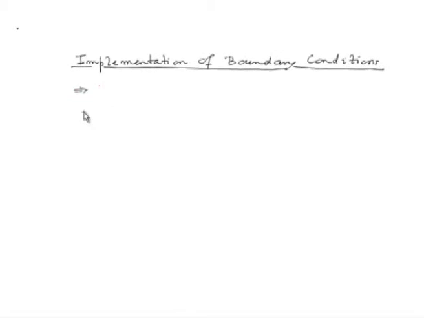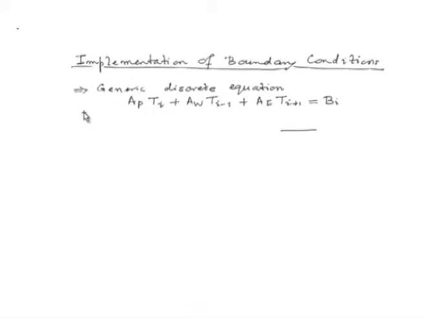We had our generic discrete equation for a node I. This was given as AP Ti plus AW T of I minus 1 plus AE T of I plus 1 is equal to BI for a generic node I. P stands for the current node, E stands for its distant neighbor, that is I plus 1, and W stands for its left neighbor or western neighbor.